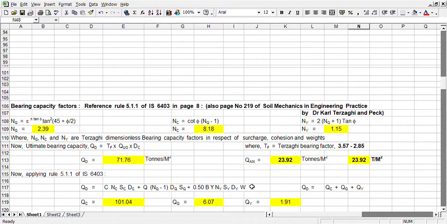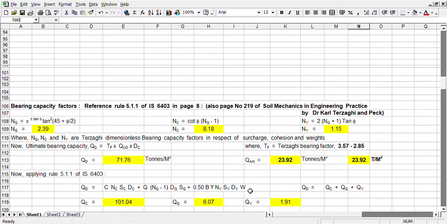If the water table is located close to the foundation level, the water table correction factor should be considered as 0.5. And when the water table is never expected to rise up to the foundation level, in such cases it should be considered as 1.